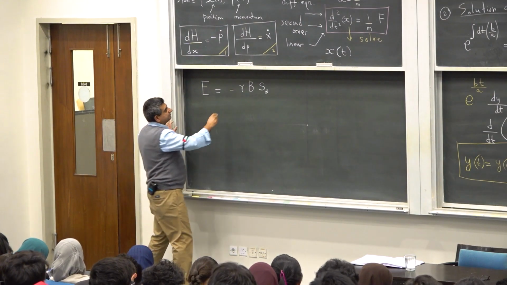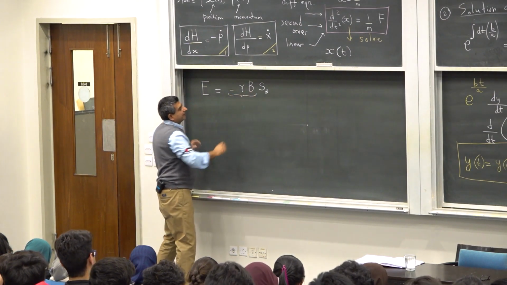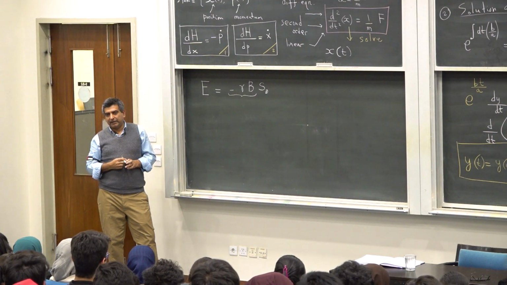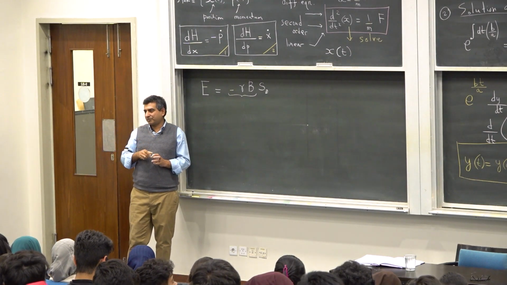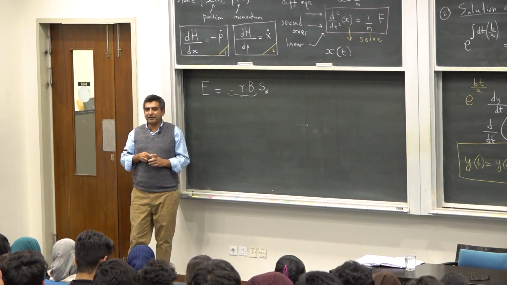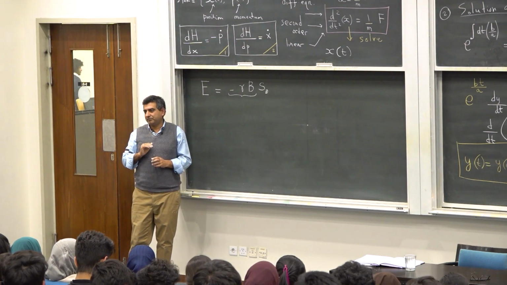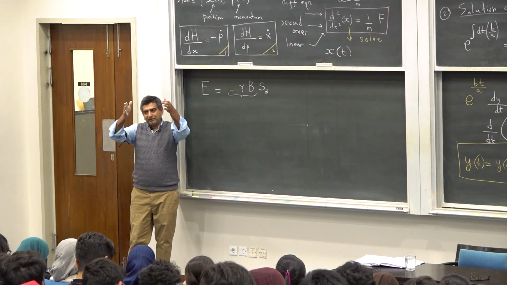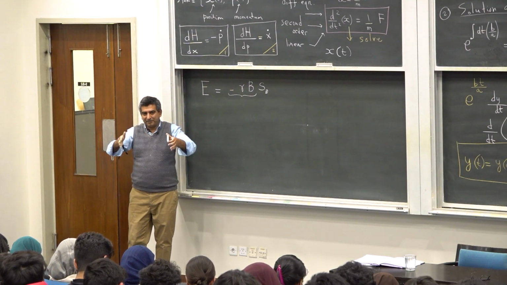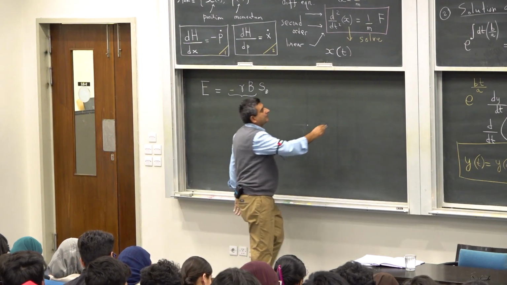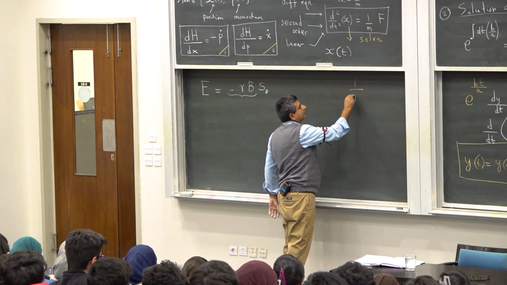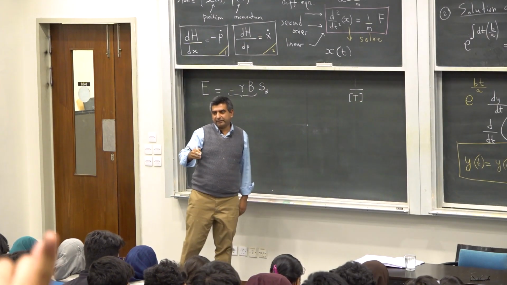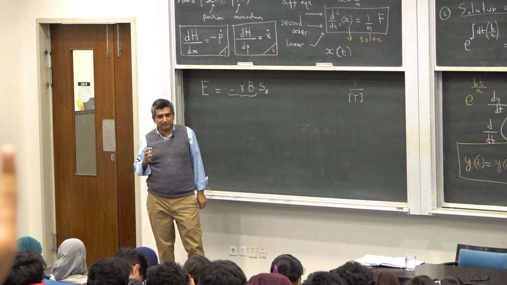Now this object here, gamma B, if you were to find the dimensions of this object, they would turn out to be per unit time. The dimensions are 1 over time. Per second are the units for this object.